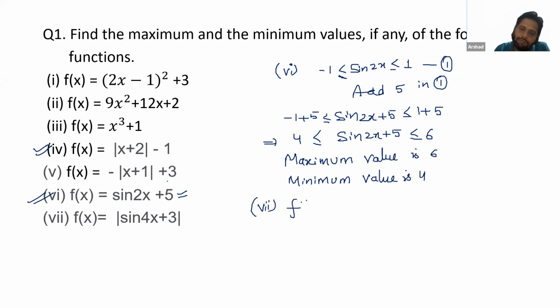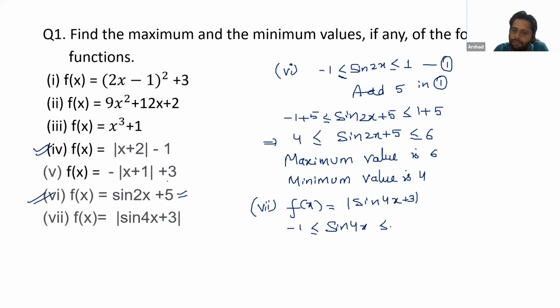In the same way we can do the seventh also. What is the seventh? f(x) is equal to mod sine 4x plus 3. You need to do the same thing, sinusoidal function. The minimum is minus 1 and the maximum is 1. Yes, Abdul, the same method, the second order derivative, or first, you can apply any of these methods.